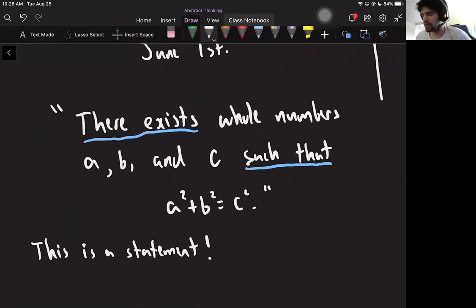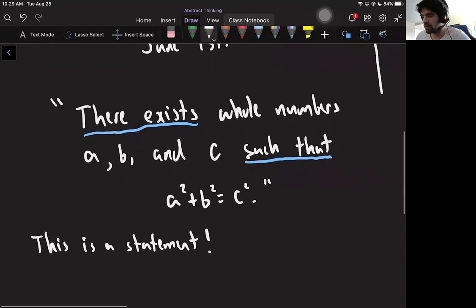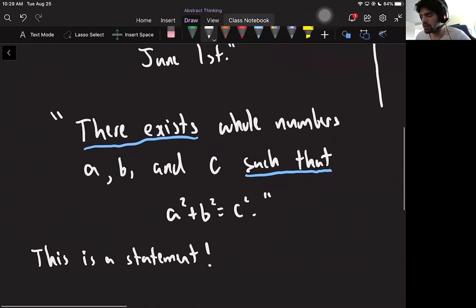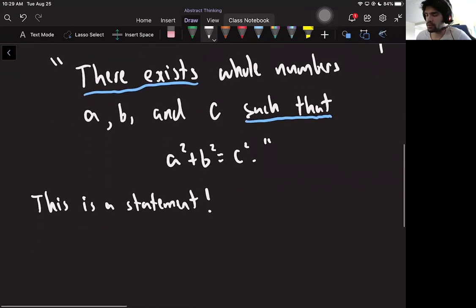It's a statement because either there do exist whole numbers a, b, and c such that this equation holds, or it's false and there do not exist whole numbers that have this property. So it's got to be one or the other. We might not know which one it is right now, but it is true or false, and there's no ambiguity there. That's the nice part about math statements.